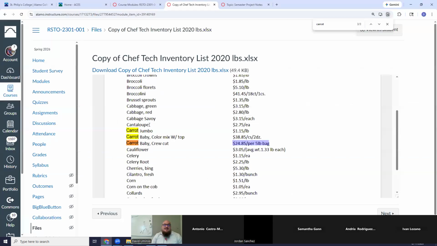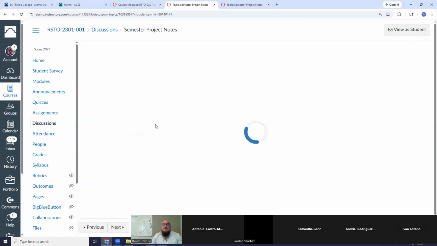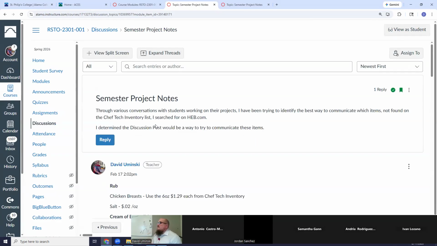All right. The next thing in our project module is the semester project notes. For any instance where maybe the ingredient is not on the Chef Tech inventory list, or maybe there's multiple types on the Chef Tech inventory list, I will give you the example of what I want you to use from the list in the semester project notes.